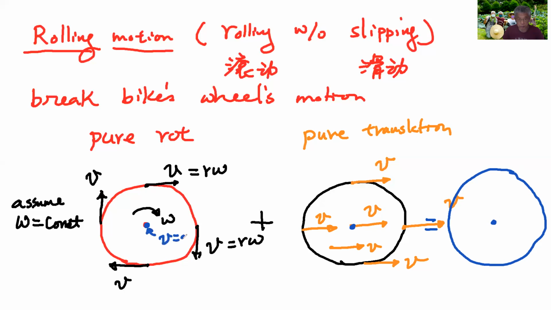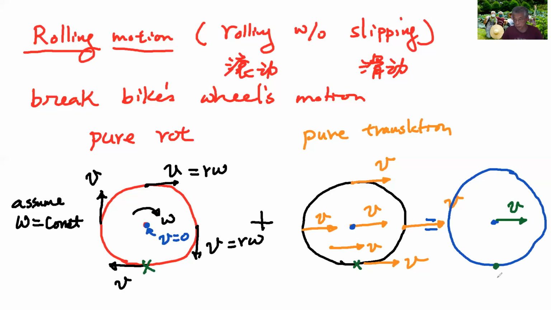So you add these two together, now you have this one here as V. And now if you add this point here, for example, this point is going this way, but he's going that way, so they cancel out.